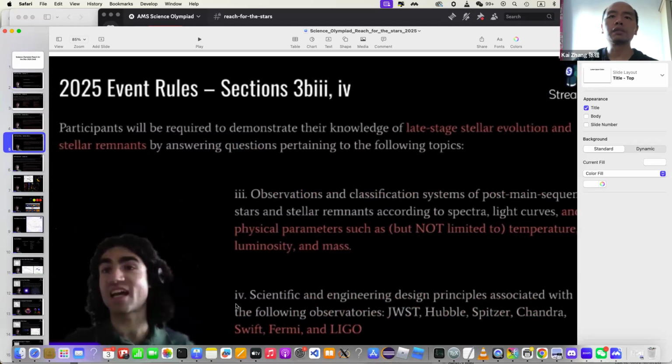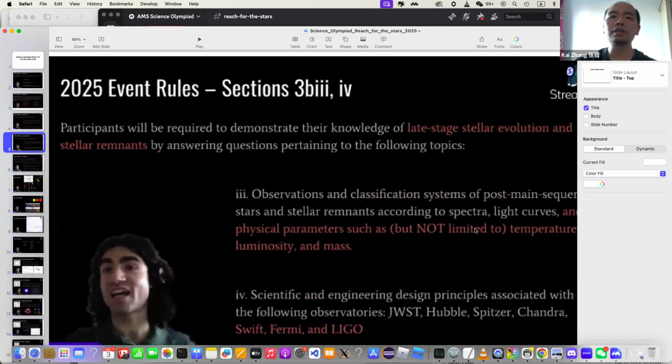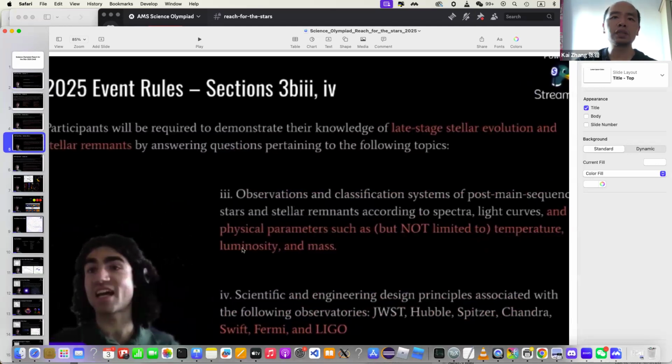And number four, temperature, luminosity, and mass. All these physical parameters are very important because they will basically determine where you are located on that diagram, so what the evolution stage is, etc. And finally, the scientific and engineering design for different telescopes.